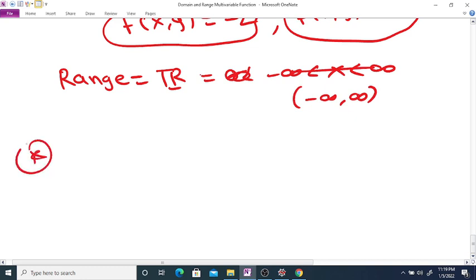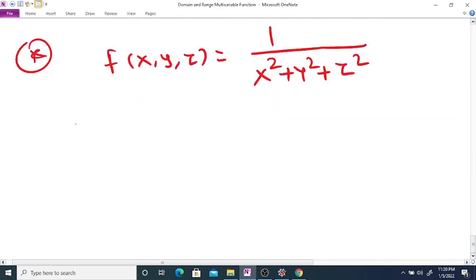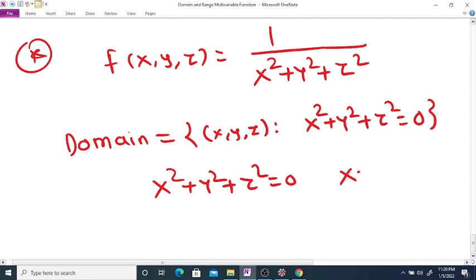If we take one more example, say f(x, y, z) is equal to 1 divided by (x square plus y square plus z square), then what is the domain here? The domain is everywhere except where x square plus y square plus z square is equal to 0, and we know that x square plus y square plus z square equal to 0 has only the solution x is equal to 0, y is equal to 0, and z is equal to 0.